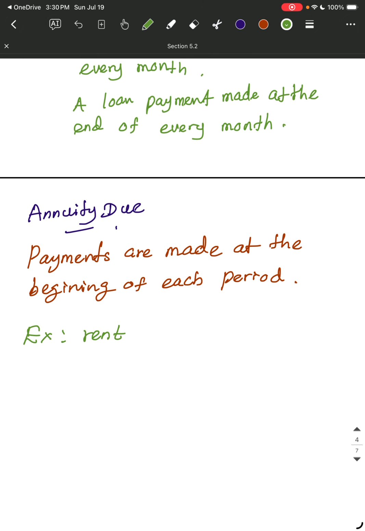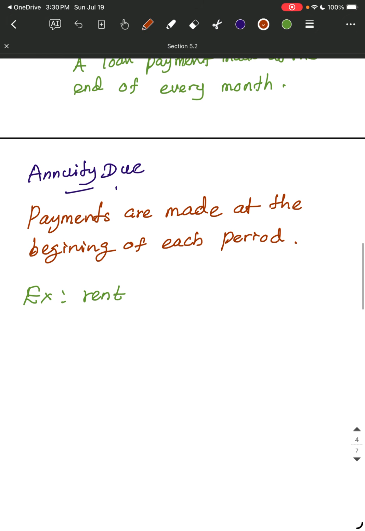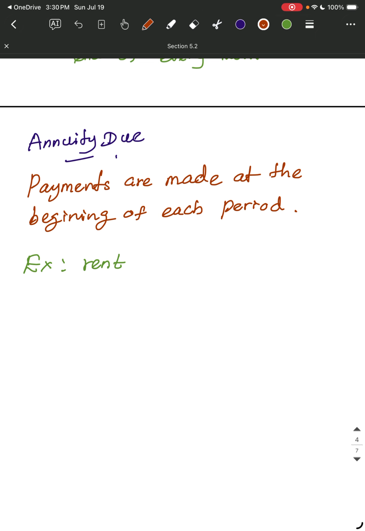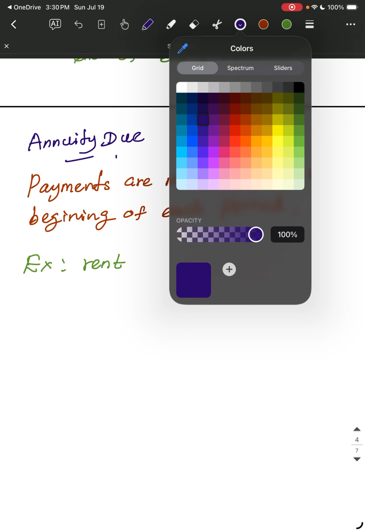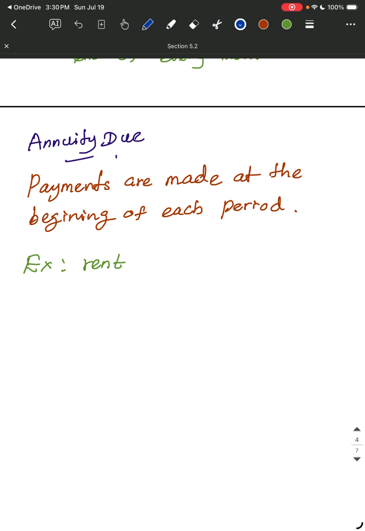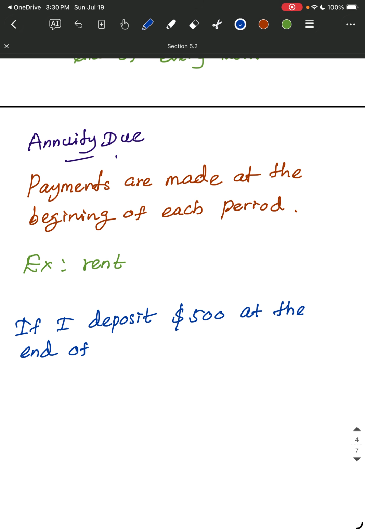Okay, let's go for an example then. If I deposit $500 at the end of every month, is that an ordinary annuity or an annuity due?